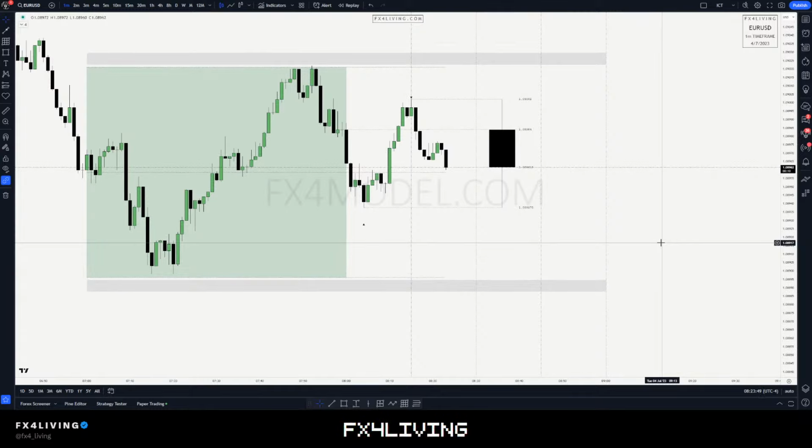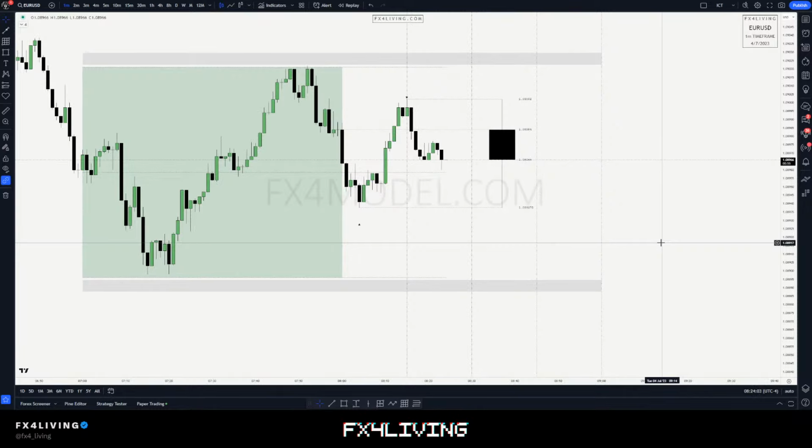So the FX4 model is basically a model for London session, right? After London, if you have taken a trade or anything, this indicator is only good for the previous daily highs and lows for the distribution later on in the day.